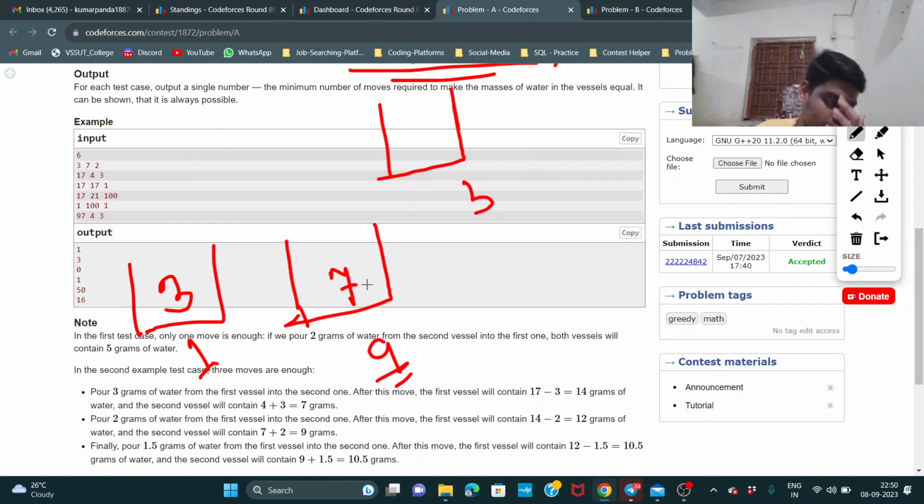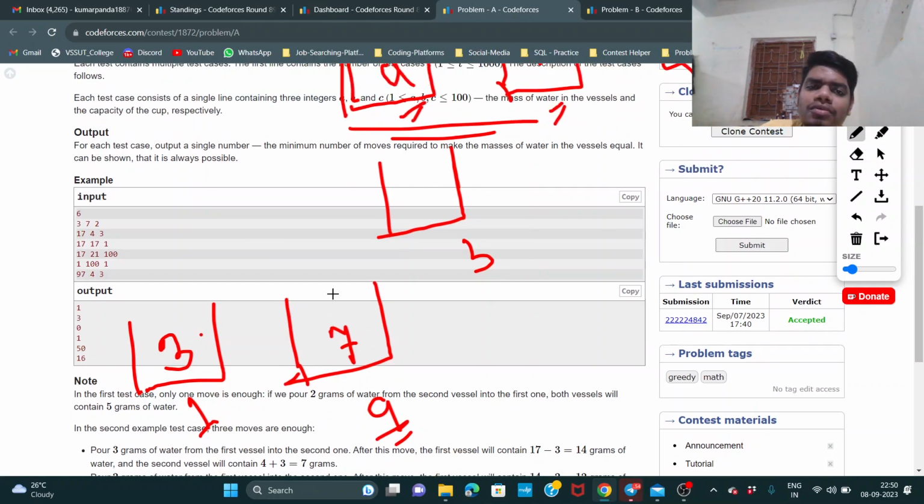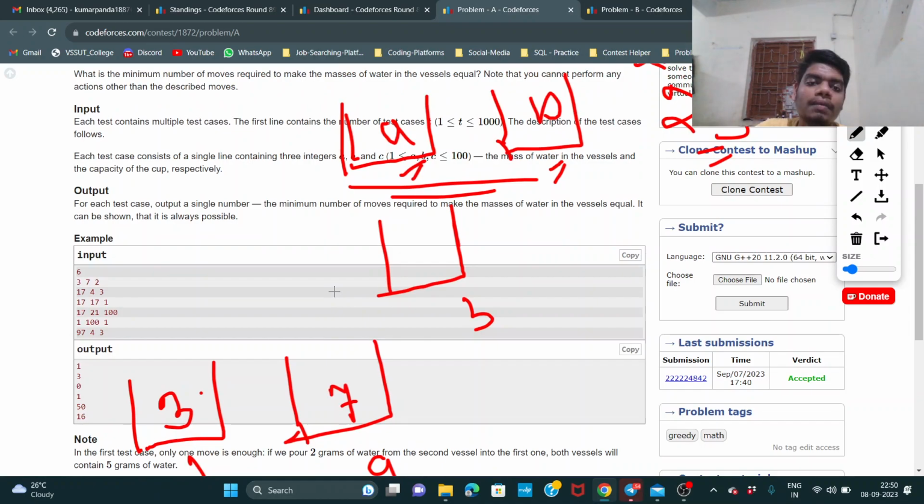In this case we take water from the 7, the second vessel, and pour it into the other vessel. We want to minimize the number of moves, so we take as much water as possible from the vessel with more water. The maximum we can take in one move is c grams.